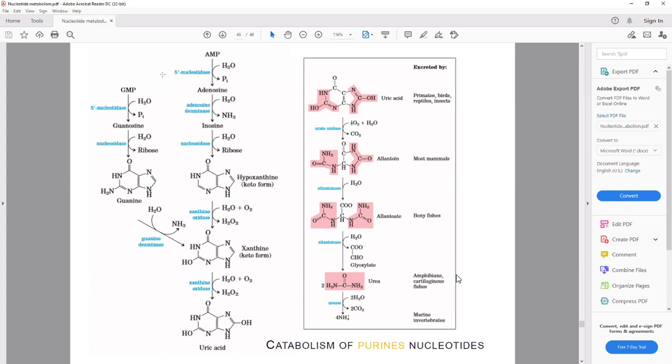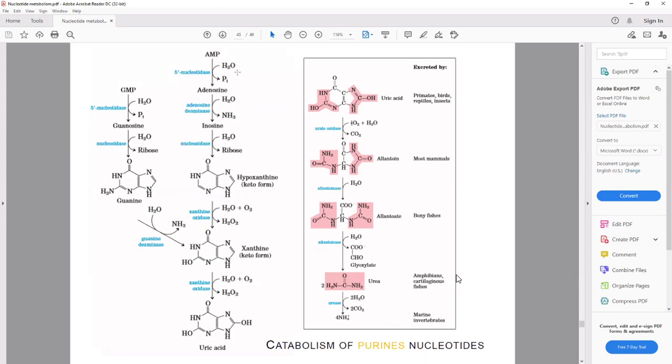Now let's start with AMP. AMP is catabolized by the action of nucleotidase enzyme, and it produces adenosine. Then adenosine undergoes further reaction by adenosine deaminase to form inosine, then inosine is converted to hypoxanthine by the enzyme nucleosidase.